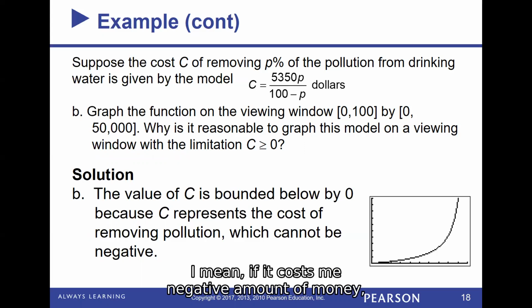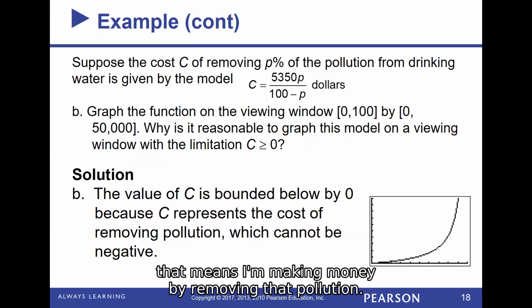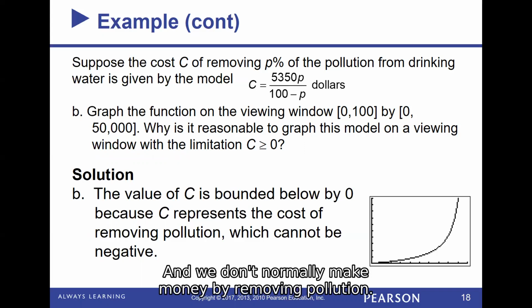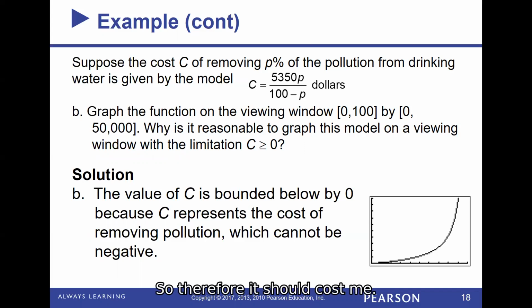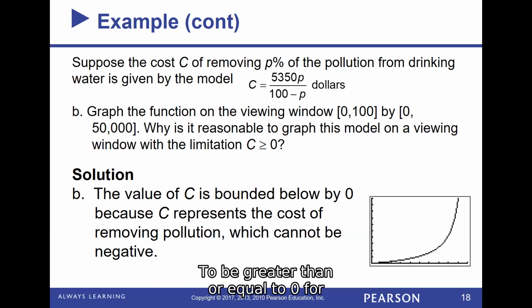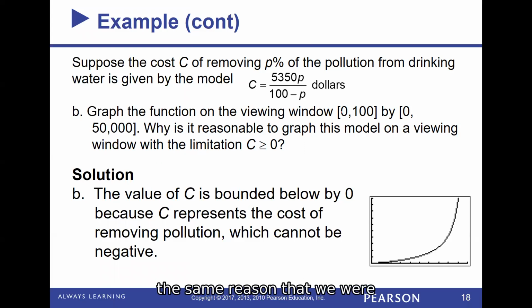I mean, if it costs me a negative amount of money, that means I'm making money by removing that pollution. And we don't normally make money by removing pollution, so therefore it should cost me. So it can't really be negative, which is why we set that limitation to be greater than or equal to 0, for the same reason that we were setting that P to be between 0 and 100.